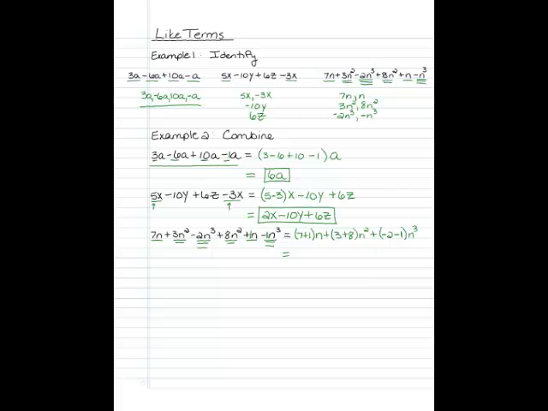And then simplify. 7 plus 1 is 8n plus 3 plus 8 is 11. That's our n squared. Plus negative 2 minus 1 gives us a negative 3. And I'm just going to include some parentheses to separate that negative value.